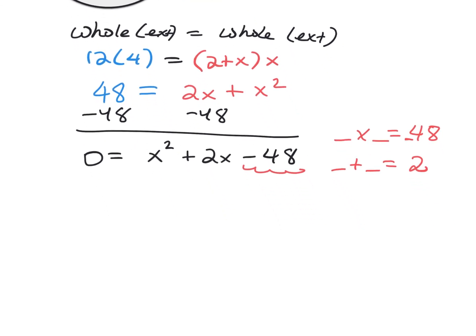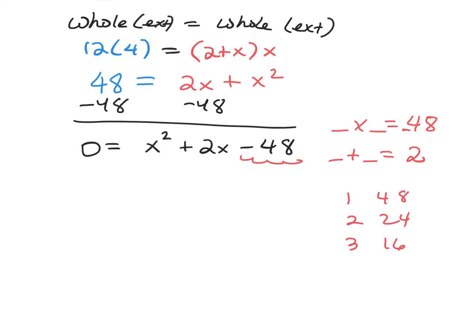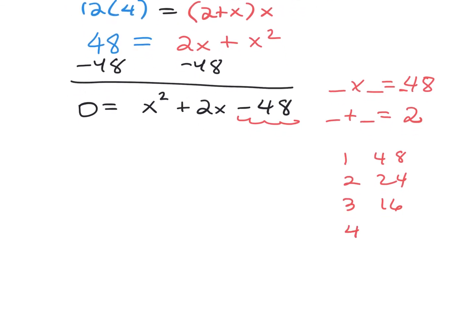So what I start by doing is I start listing my factors of 48. So 1 times 48, 2 times 24, 3 times 16, 4 times 12, 5 doesn't work, 6 works, and then 7 doesn't.